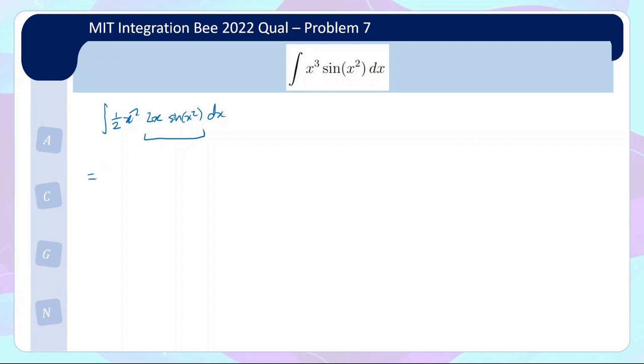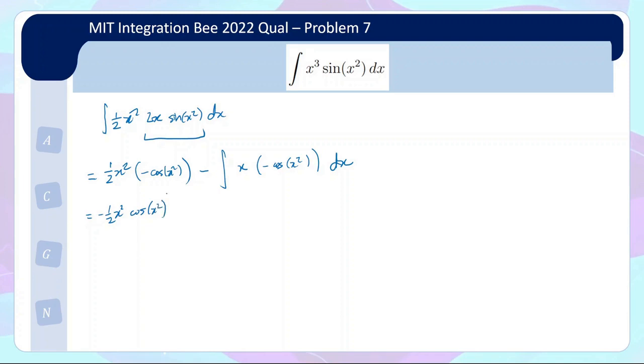Now we use integration by parts, so that means we keep the half x squared, and then we integrate this to get minus cosine x squared. And then what you have is minus the differentiated version, which is x, times minus cosine x squared dx, right? So this is just tidying up over here.